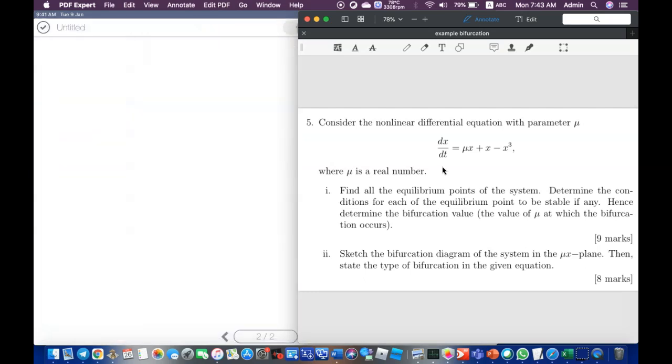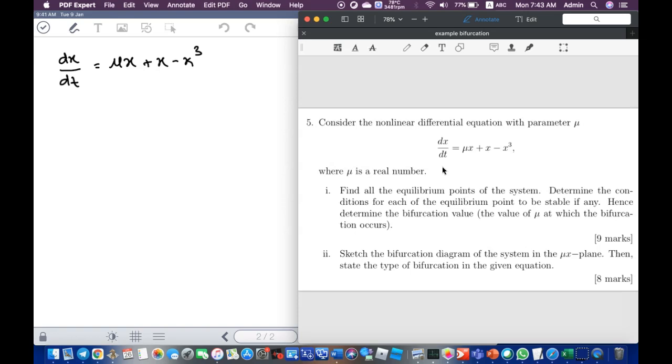So we are given dx over dt equal to mu x plus x minus x cubed.